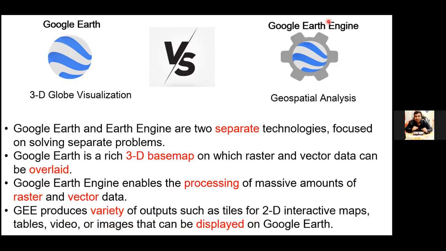The output of Google Earth Engine can be in raster format, vector, tables, images, or videos, and most of these can be overlaid in Google Earth just for viewing purposes. So I think those of you who had confusion, or who are hearing the term Google Earth Engine for the first time, might now get a clear concept that Google Earth Engine is a separate technology from Google Earth.